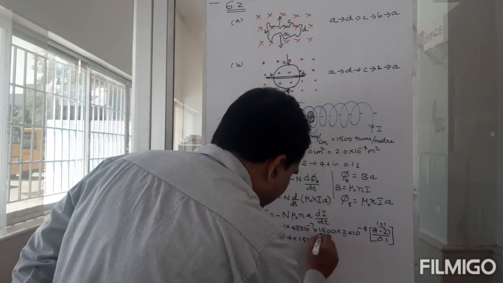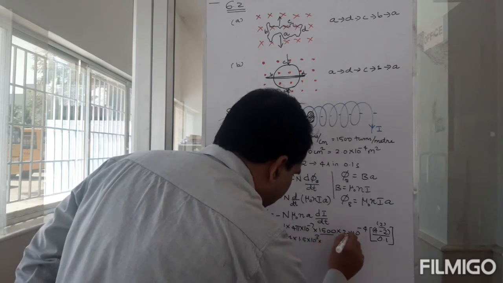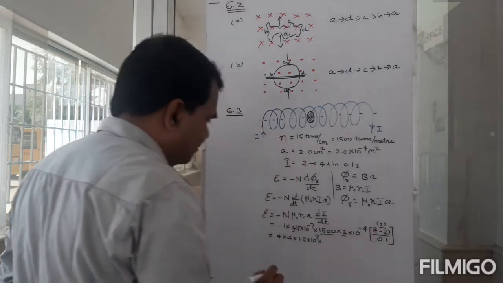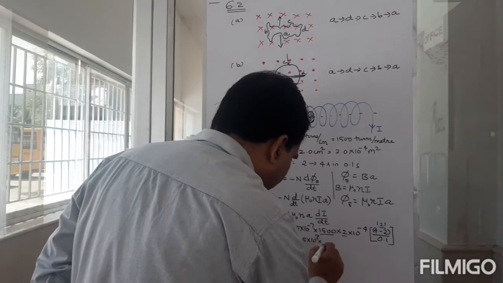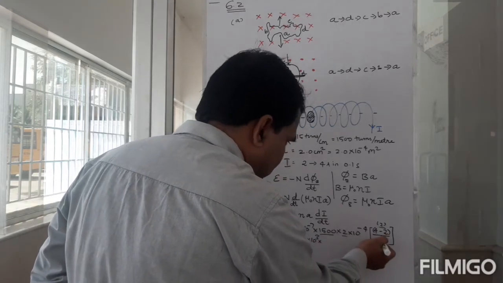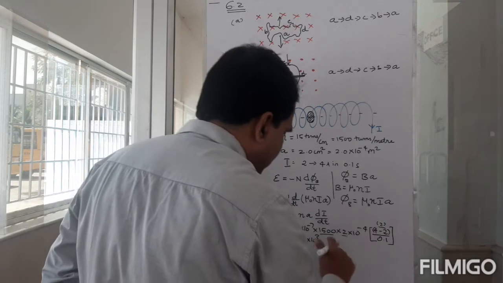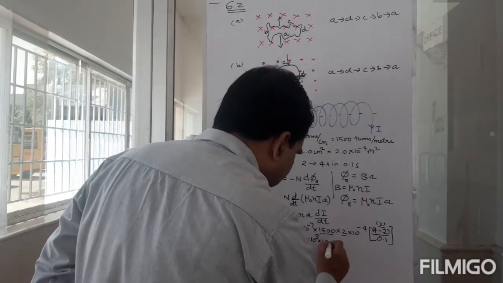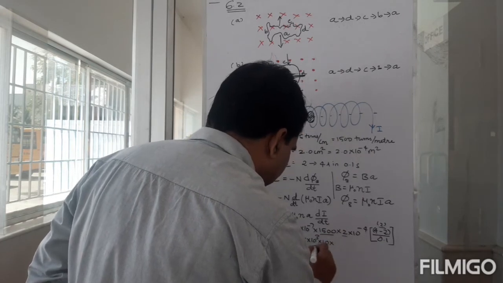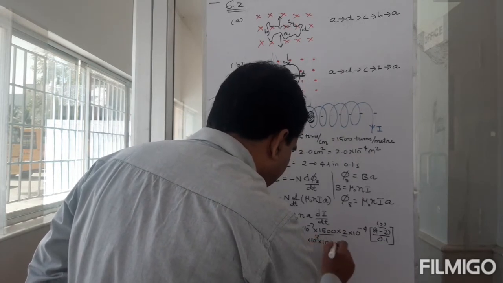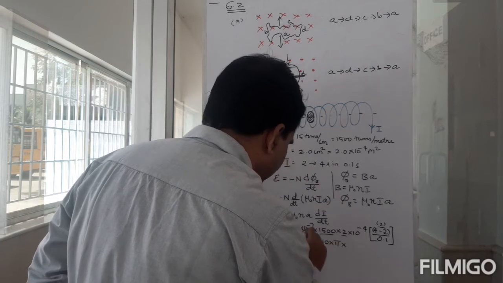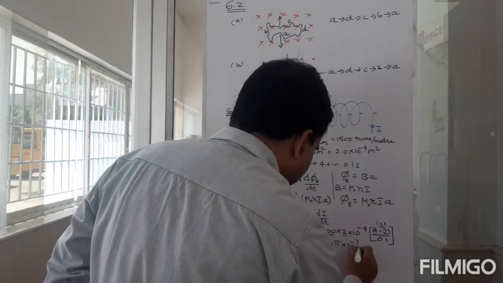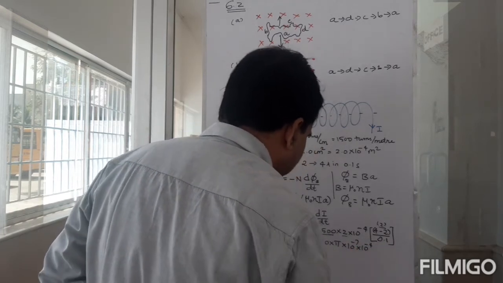Then handle this, and then this, and all of this. Then this 0.1, 10 power minus 1, when it comes up, it can be 10. I get that, and into pi into 10 power minus 7 into 10 power minus 4.